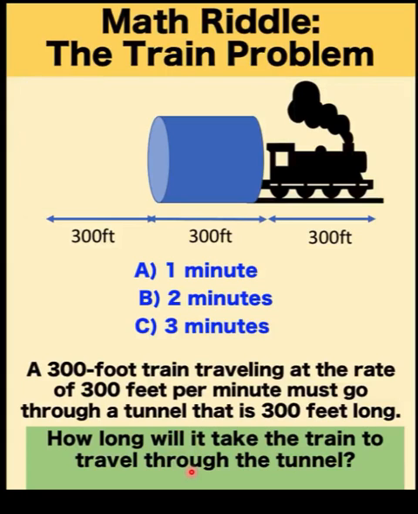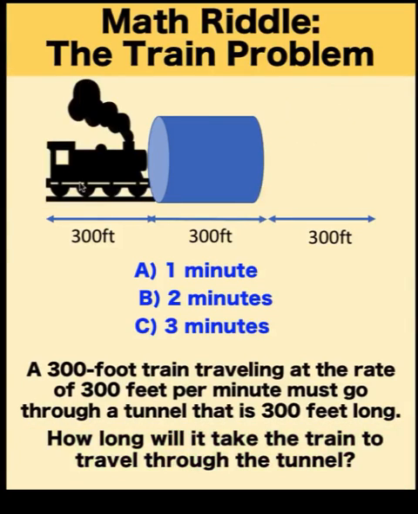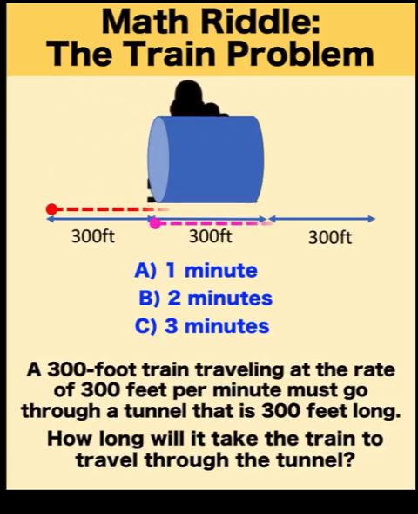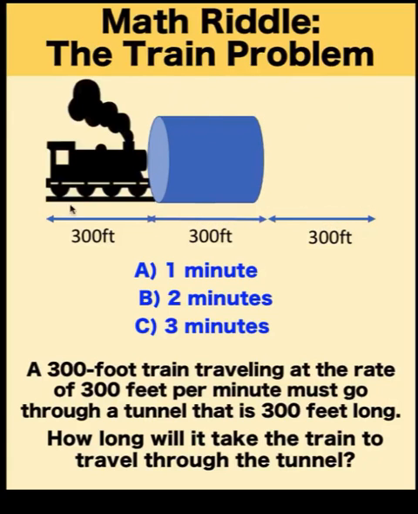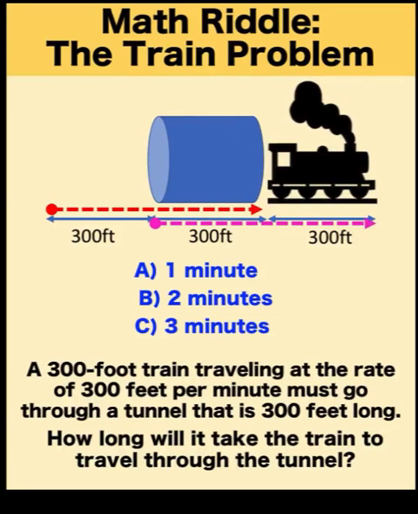Now let's answer this riddle together. So let's simulate this train going through the tunnel. And here is our simulation. Let's repeat it. If our point of reference is the back of the train, notice that this point must travel all the way to this point in order for the train to fully emerge to the other end of the tunnel.